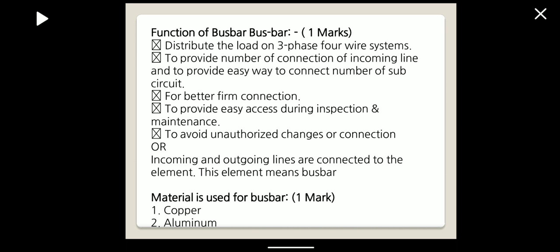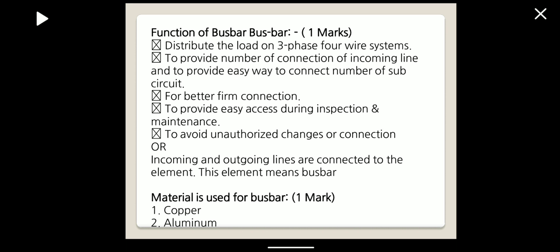Next is to provide easy access during inspection and maintenance, and to avoid unauthorized changes. Incoming and outgoing lines are connected to this element, and this element means bus bar.